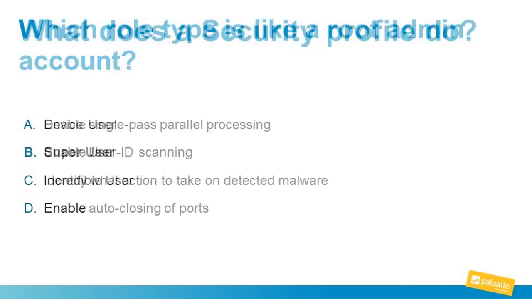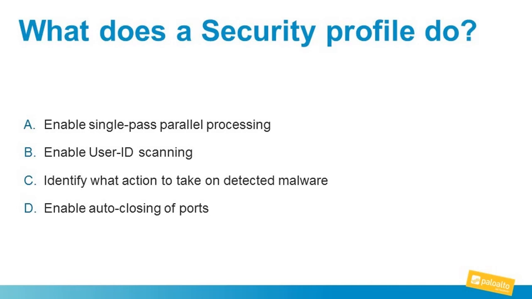All right. Next question. What does a security profile do? All right, so the answer is actually C, as in Charlie. Single pass parallel processing is another way of saying single pass architecture, or SPA.